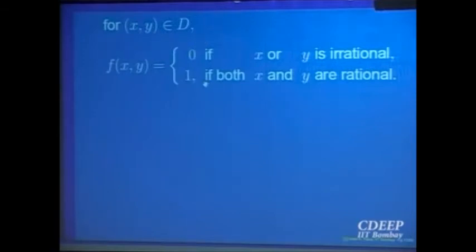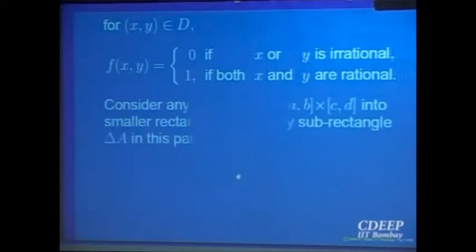But if you choose the points such that both the coordinates are rational, that is also possible. However small the rectangle may be, you can always choose a point inside it so that both components are rational, then the sum will be equal to 1. So if I choose specific points, then the sum comes out either 0 or 1. So that means that the sum S(P,f) is not going to have a limit as the norm of the partition becomes smaller and smaller. So this function is never going to be integrable.